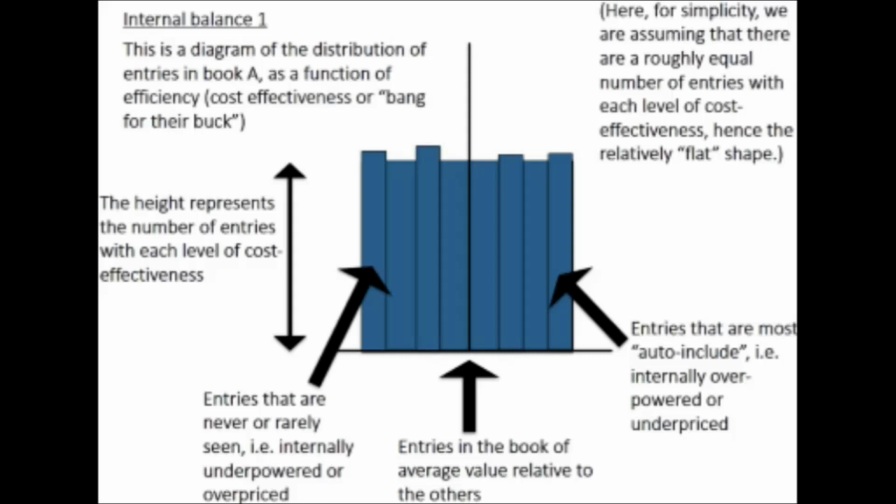So an entry on the most left side is never or rarely seen, as it's perceived or really is internally underpowered or overpriced. The entries in the middle of the graphic are seen averagely often, as they seem to bring average value relative to the other entries.